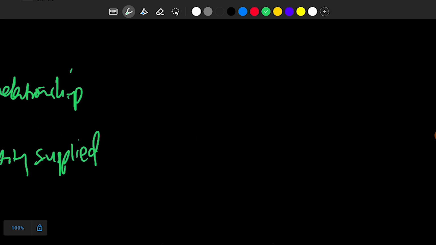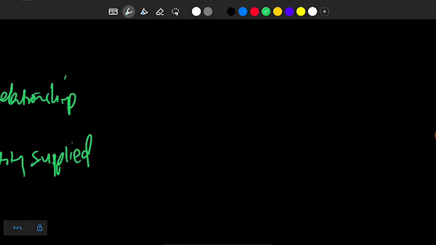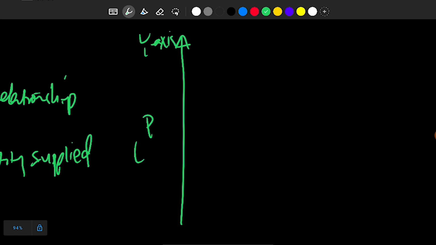In a normal Cartesian plane, you will have on one side the vertical axis here, which is the y-axis. Here is where we represent price in Kenya shillings, or you could use any other currency that is relevant in your context.